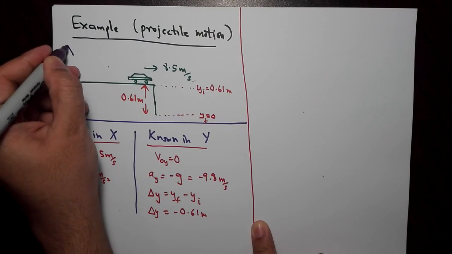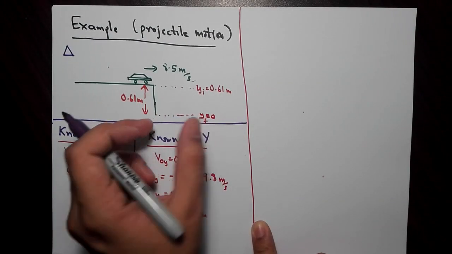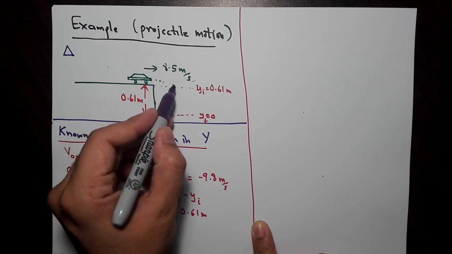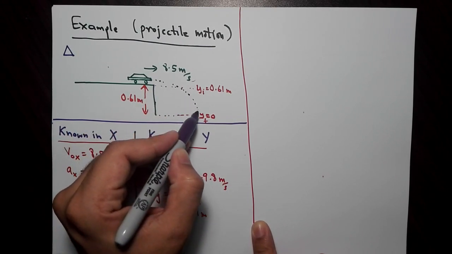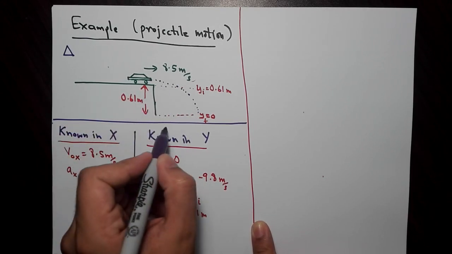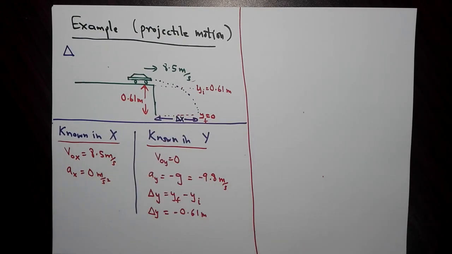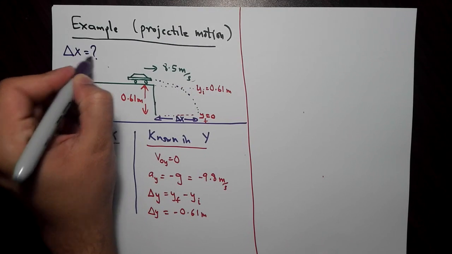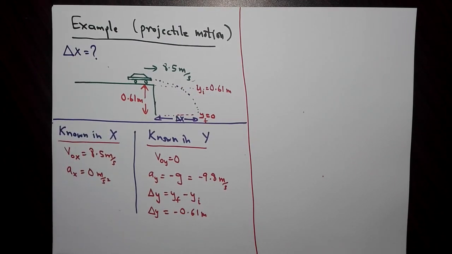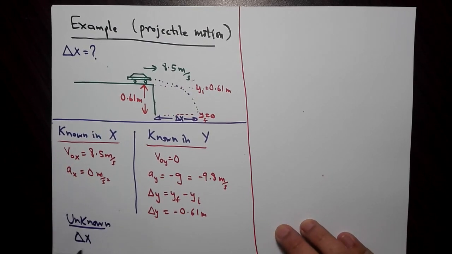We need to find this horizontal distance that the car covers as it falls off the cliff and reaches the ground. So we need to find this delta x. That's what we have to find, okay? So delta x is the unknown. You can write that the unknown is delta x.